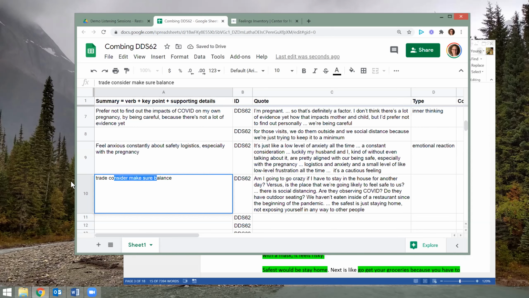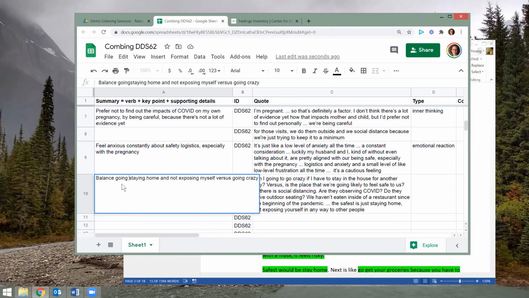She did not give us a verb to use, so we have to come up with a verb ourselves. So balance staying home and not exposing myself versus going crazy. And I'm going to flip them because going crazy is kind of fun.